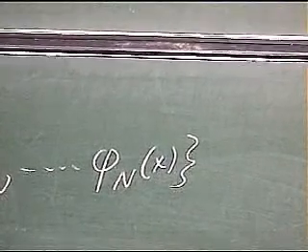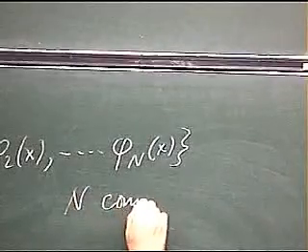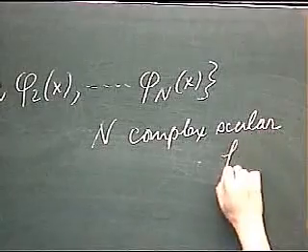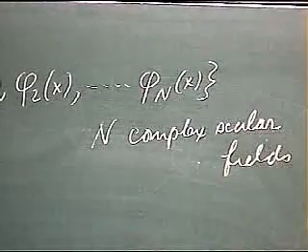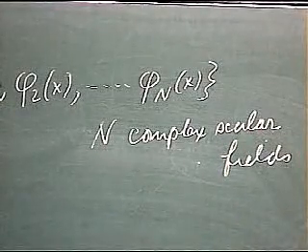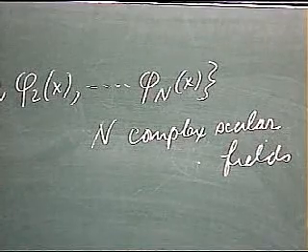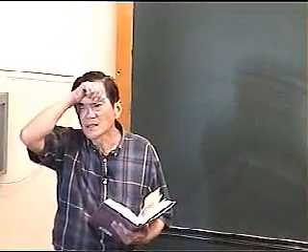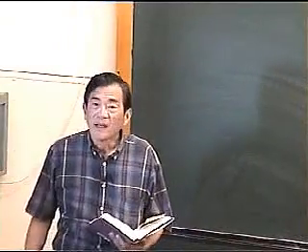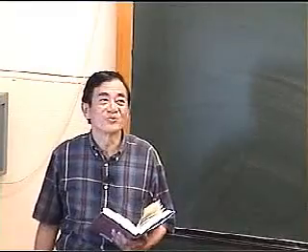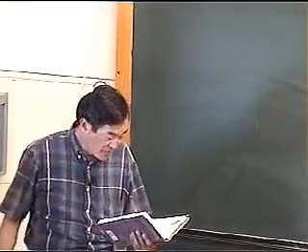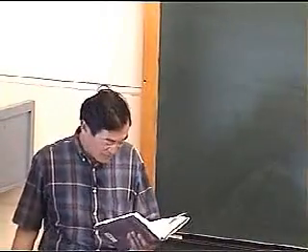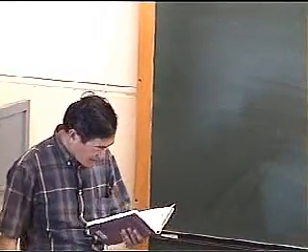So we have n complex scalar fields. Let each one of them be complex. And last time, I asked the students to learn a little bit of group theory by reading the appendix of my book. And Clifford also made some of the students teach each other group theory. So I assume that by now, since 3 days have passed, you've all become experts on group theory.